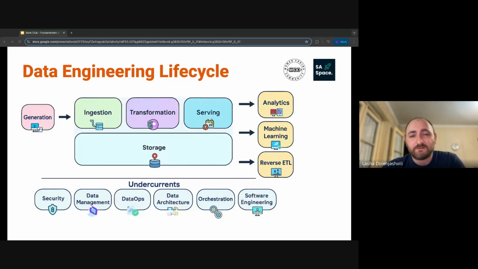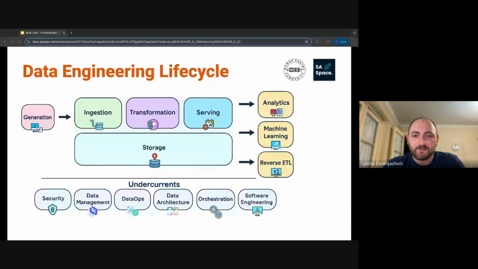It's important to know that the middle stages, storage, ingestion, transformation, and even serving, aren't always a strict linear sequence. They can overlap, repeat, or even occur in a different order. For example, you may know about ETL and ELT.